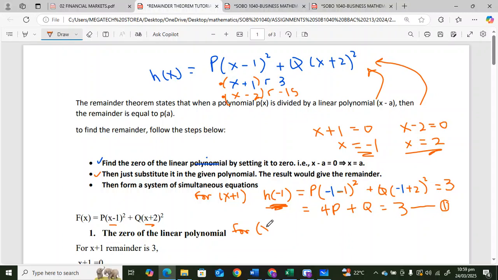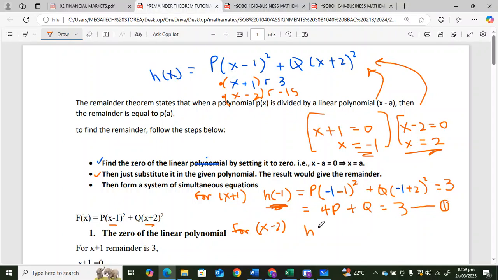Okay, so we are done with this first one here. Let's now go to this one. For this x minus 2, where we said x equals 2, we substitute x equals 2 into the expression above.